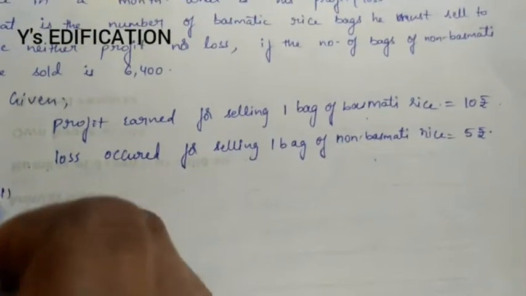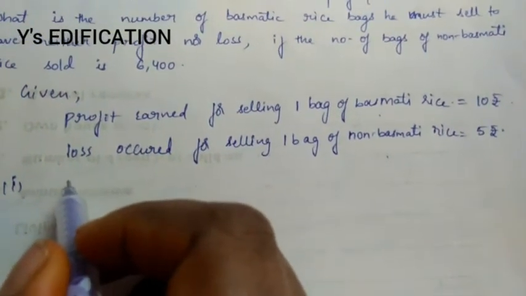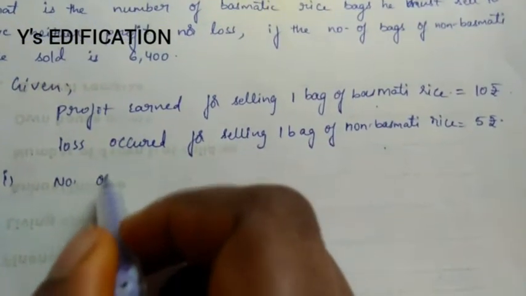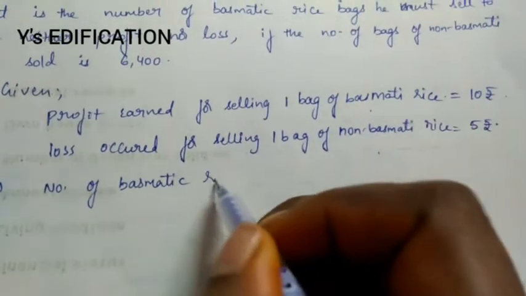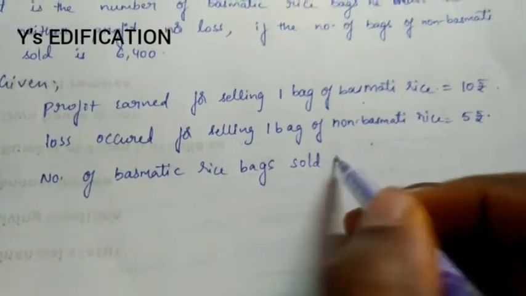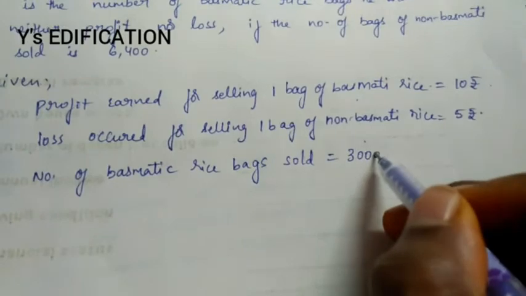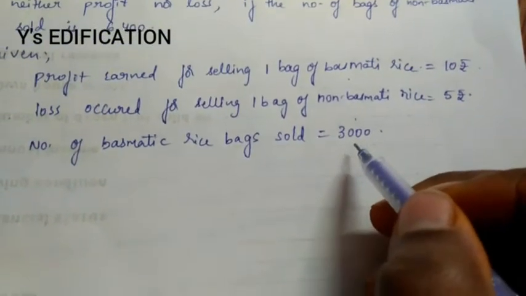So first what we have to do, the shopkeeper sold 3000 bags of basmati rice. So number of basmati rice bags sold, how many? 3000 bags. Okay, so for 3000 bags, how much profit will he earn?